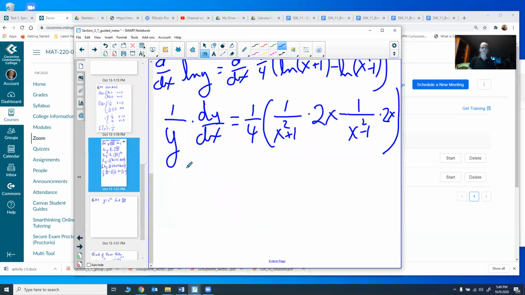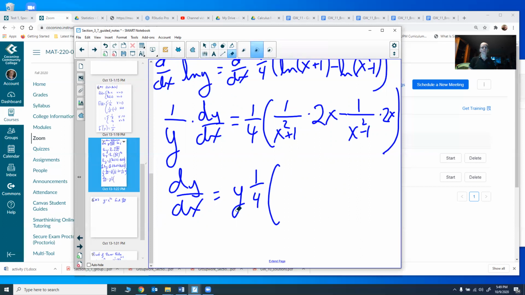All right, so now let's see what we have. We have the derivative of y with respect to x is equal to y times 1/4. And we actually have a 2 there, so we can cancel the 1/4 and make that 1/2. Cancel those 2's. So we have 1/2, and we're going to have x over x squared plus 1 minus x over x squared minus 1.